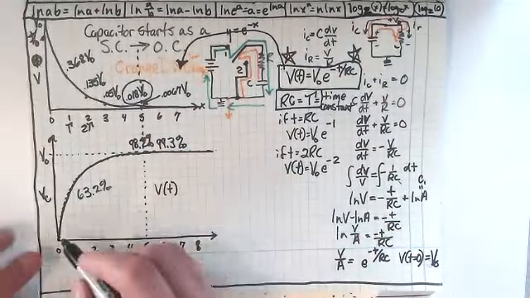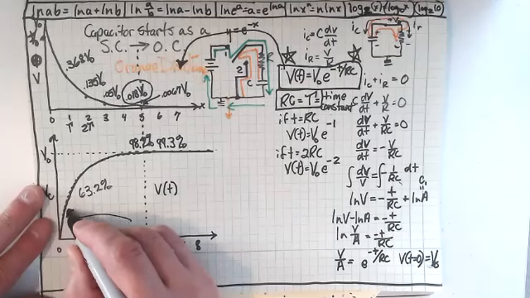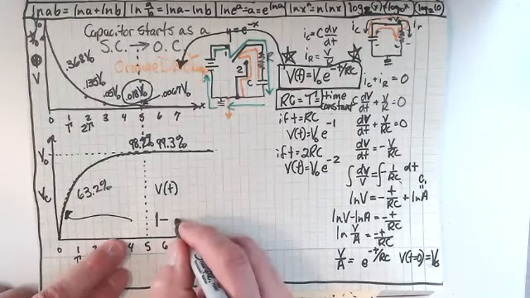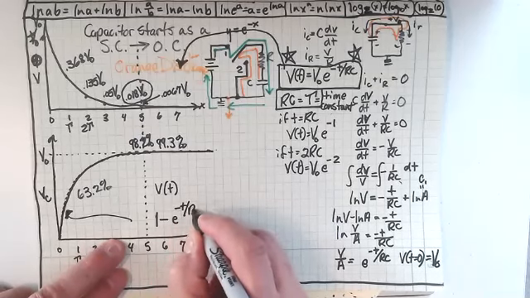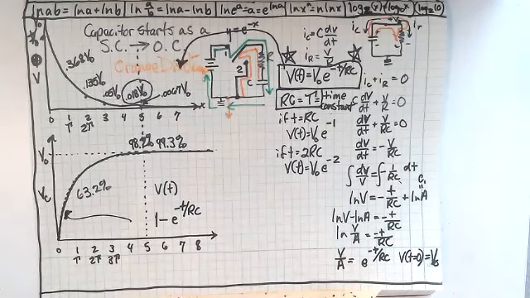This one down here, what's the equation of this? And I think everybody can sort of figure that out. Isn't it just 1 minus e to the minus t over RC? Does everybody see that? Now I'm going to derive that as well.